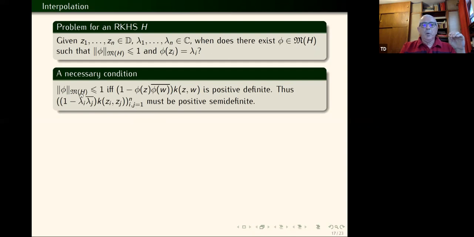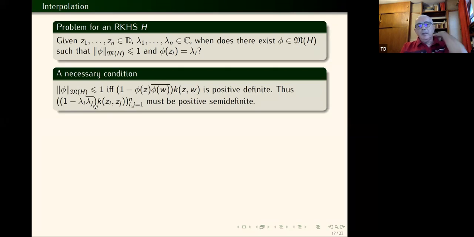We remember that we had a general condition for an RKHS for a multiplier to have norm smaller than 1, namely that this function has to be positive definite.